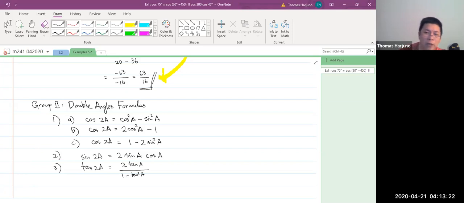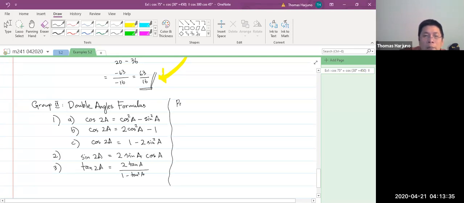I still have some time, so let me prove part of that, not all of them. They are actually quite easy to prove. I just want to show you how to do it. Proof 1a: cosine 2a equals cosine squared a minus sine squared a.